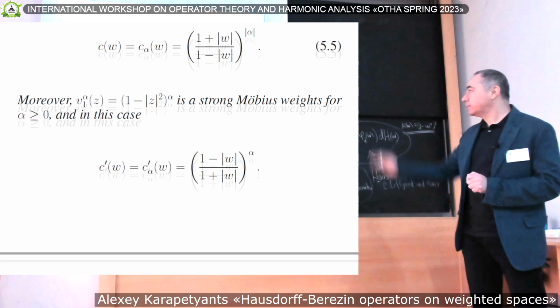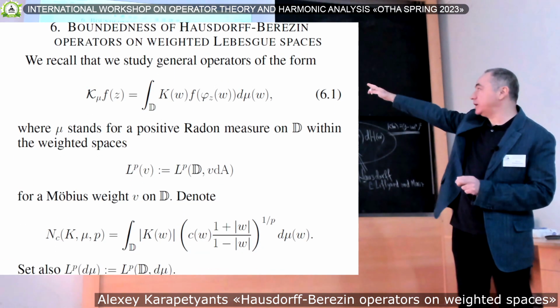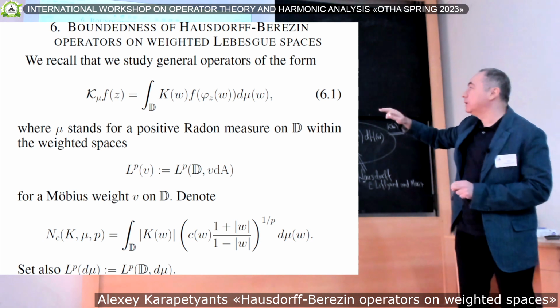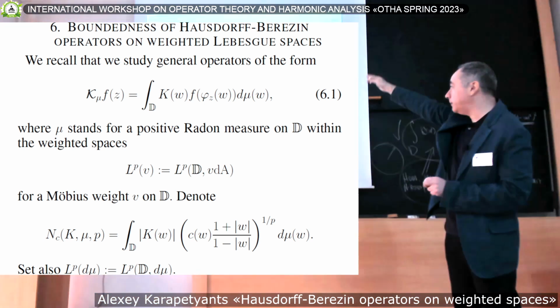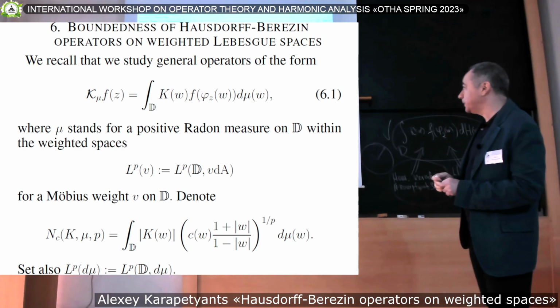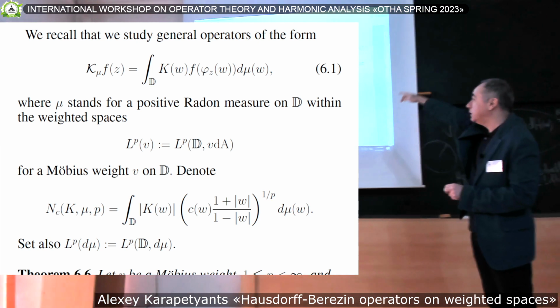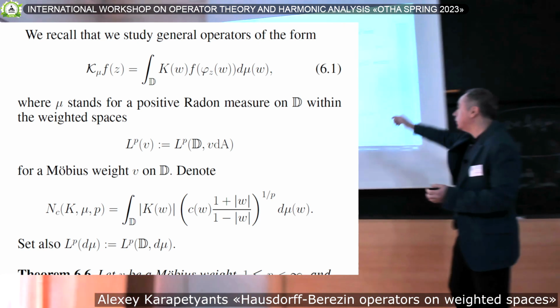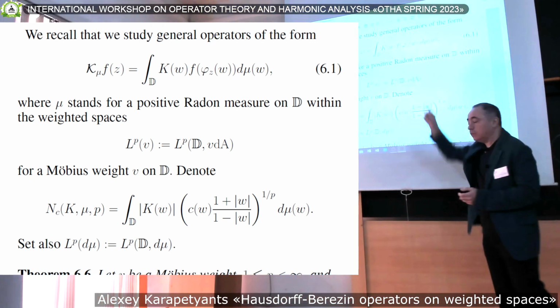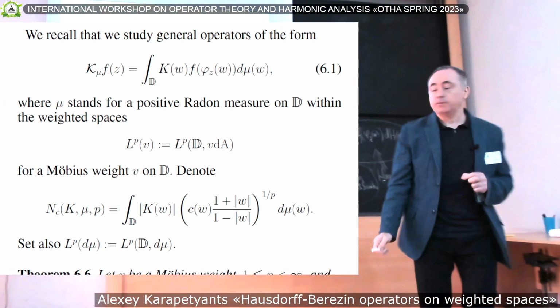Now I repeat that we study operator 6.1. K is a kernel, a measurable function. Mu stands for a positive Radon measure on the unit disk. And we study these operators in the framework of weighted L^p spaces with weights as I specified above.